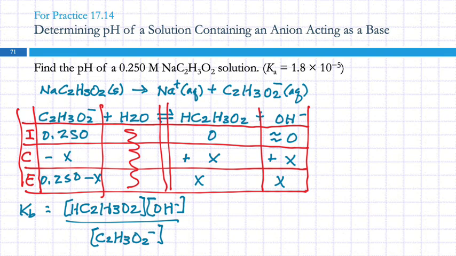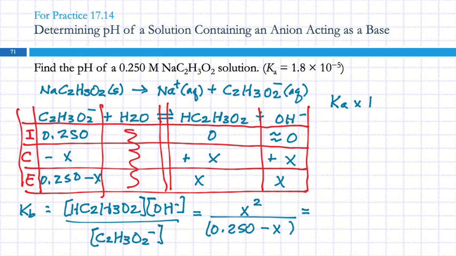So what we want to do is Kb, and we're going to fill this in from these guys, right? So that's going to equal x squared over 0.250 minus x. But we don't know what Kb is. We know what Ka is.